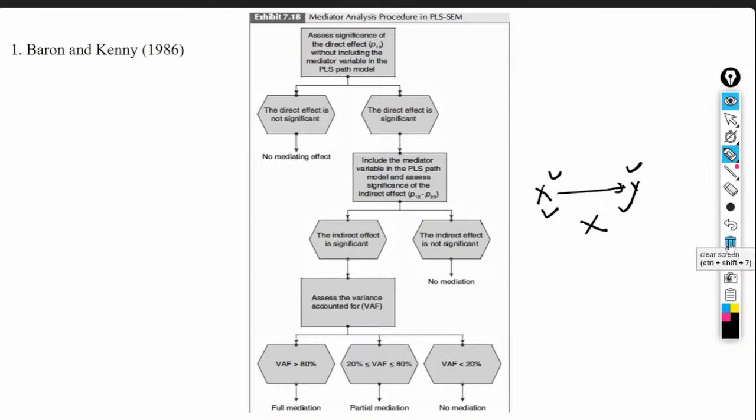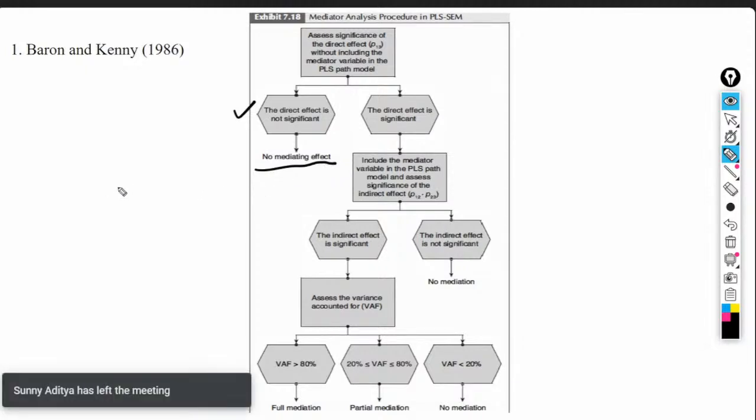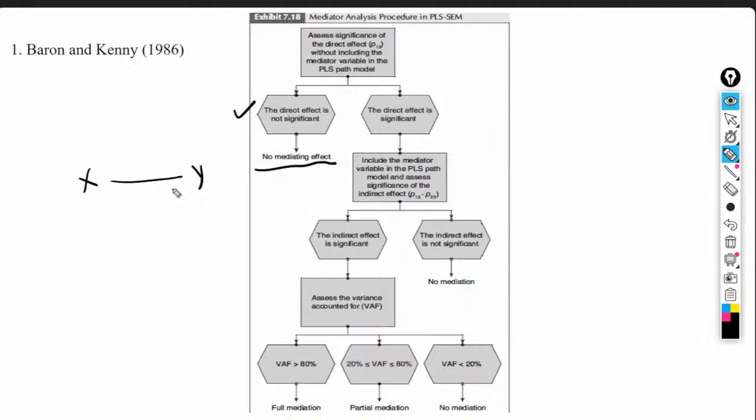Now, if the direct effect is not significant, it means there is no mediating effect. So the first prerequisite of Baron and Kenny is that there should be a significant relationship between X and Y without mediating. So first of all, we should check that relationship.